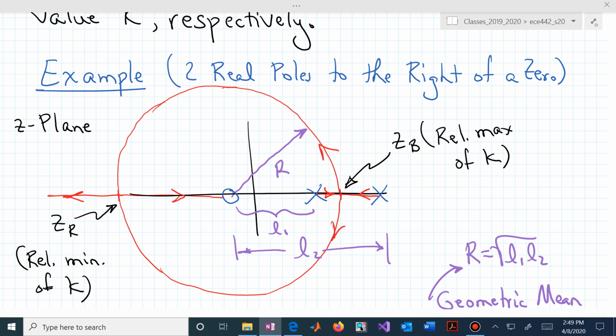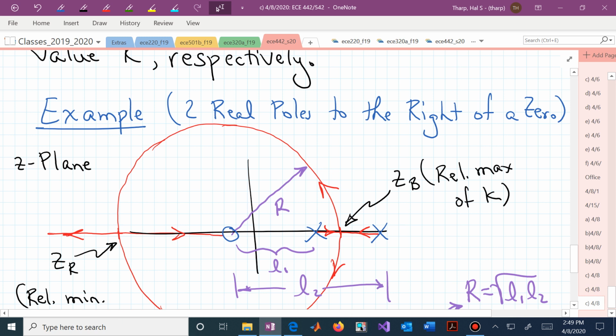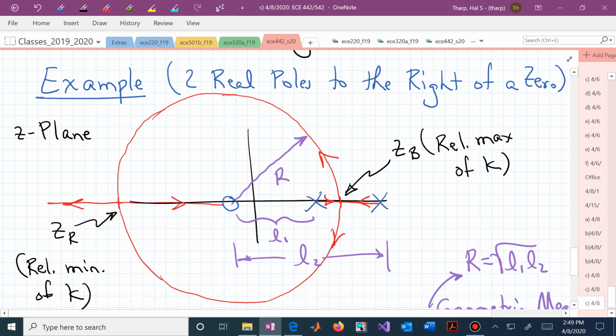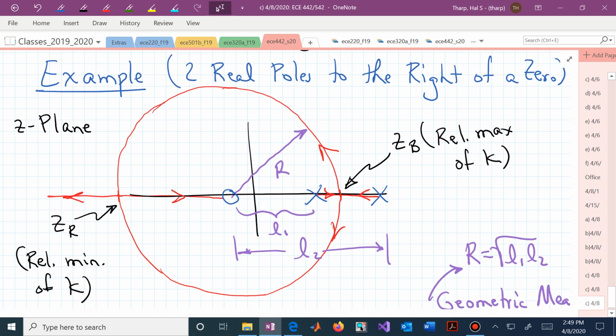There's actually, although it's just one line segment, you have 2 branches of your root locus between those 2 poles. You can use rule 1 to figure out that this segment belongs to the root locus, and this real axis segment belongs to the root locus.